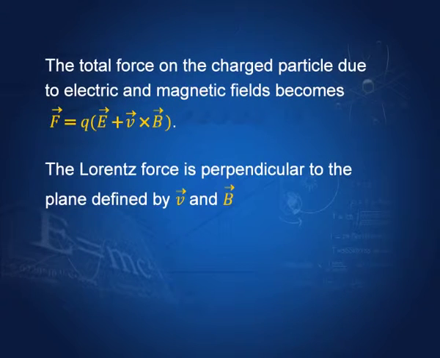Now, if electric field is also present, then the total force on the charged particle, we have seen this already earlier, is given by q E plus q into v cross B, that is q into, within the bracket, E plus v cross B.